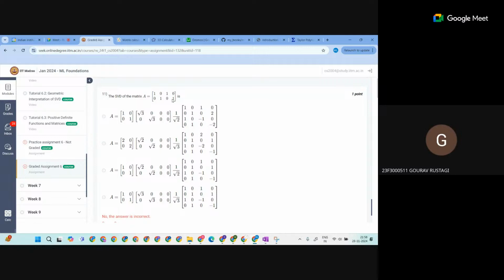We just multiply all the matrices and we'll get the value of A. That is what the equality written here means. So for this kind of problem, the best trick is to just do the multiplication.